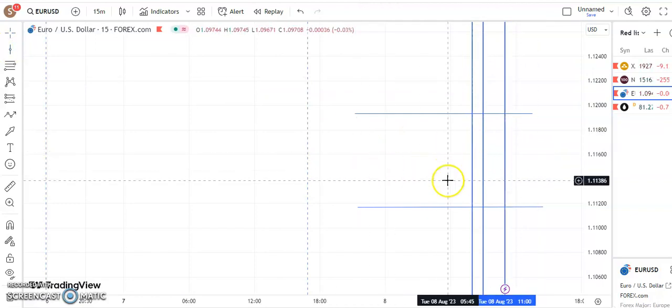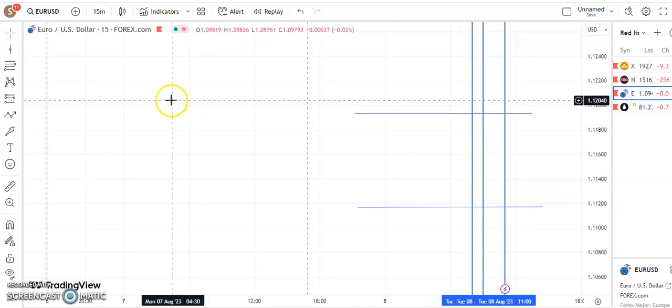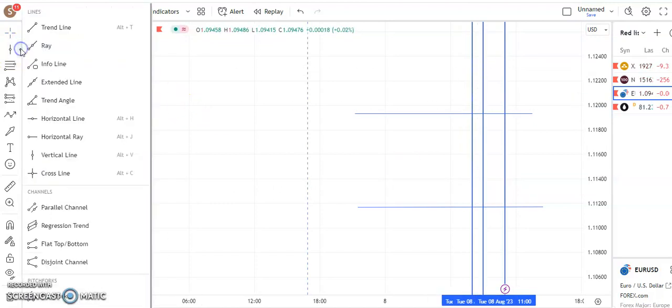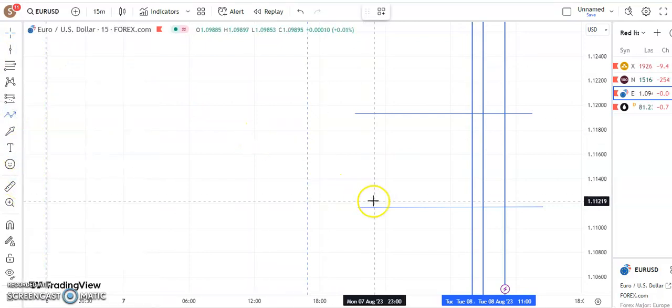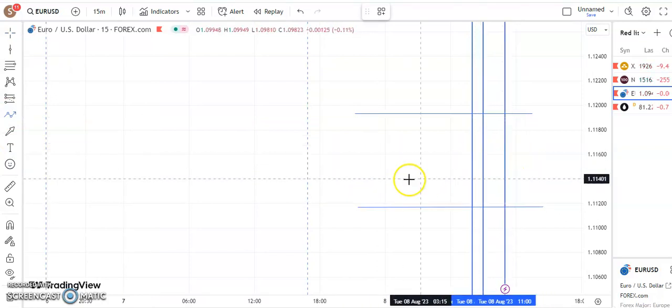So this is what you do: 8, 9, 11. The first hour from 8 to 9 will set the high and the low of the session. So it doesn't matter if it's Asia, London or New York. The first hour always sets the high and the low of our trading session, these 3 hours.